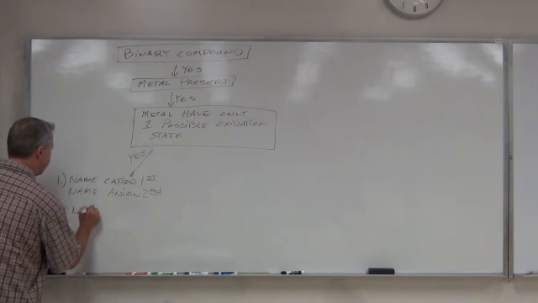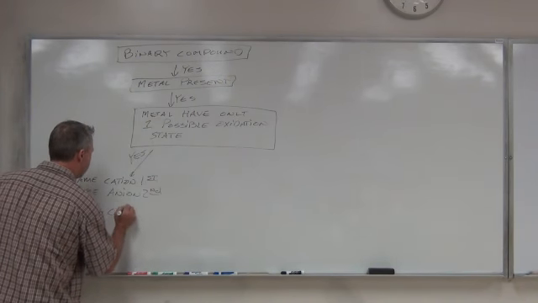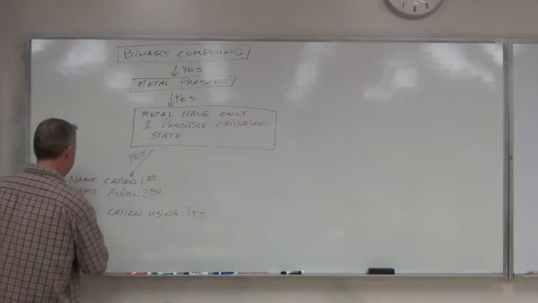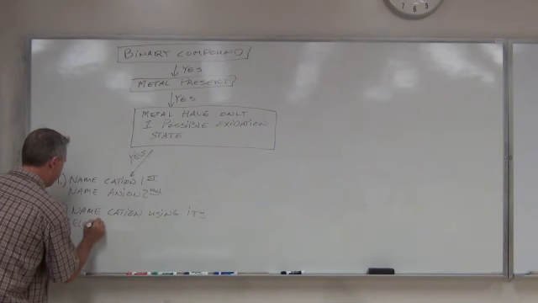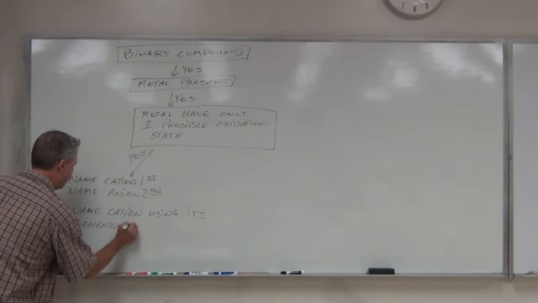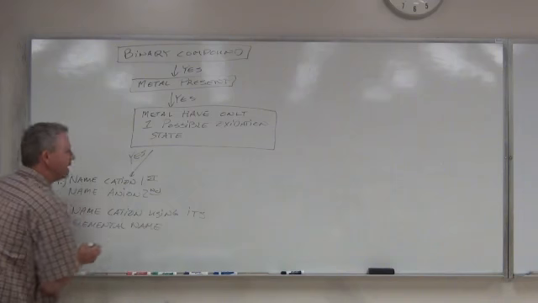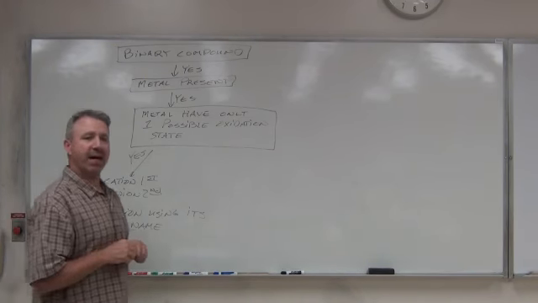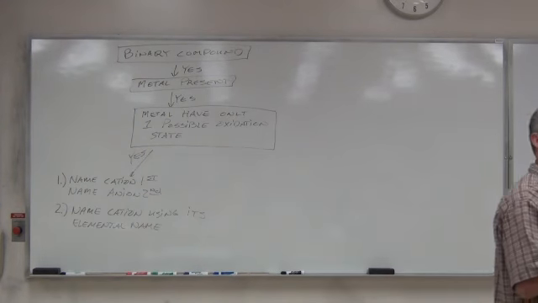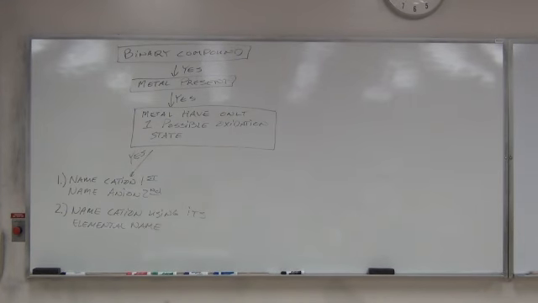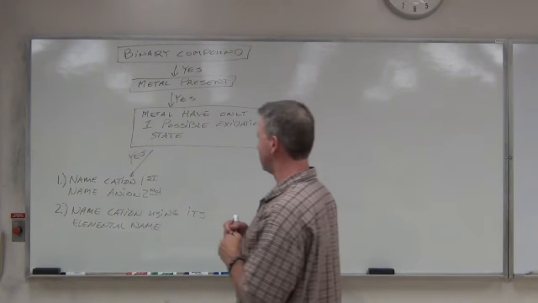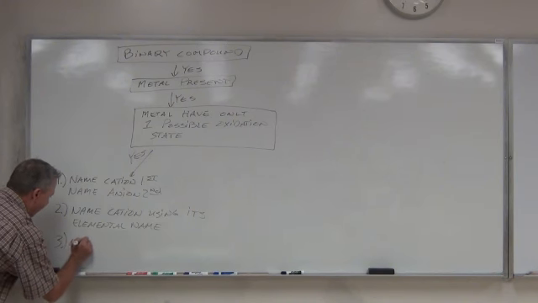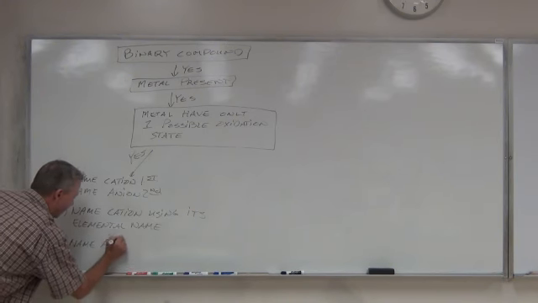We are going to name the cation using its elemental name. That means we're going to drop the word ion from the cation name. We're going to name the cation using its elemental name. We're going to name the anion root plus IDE.